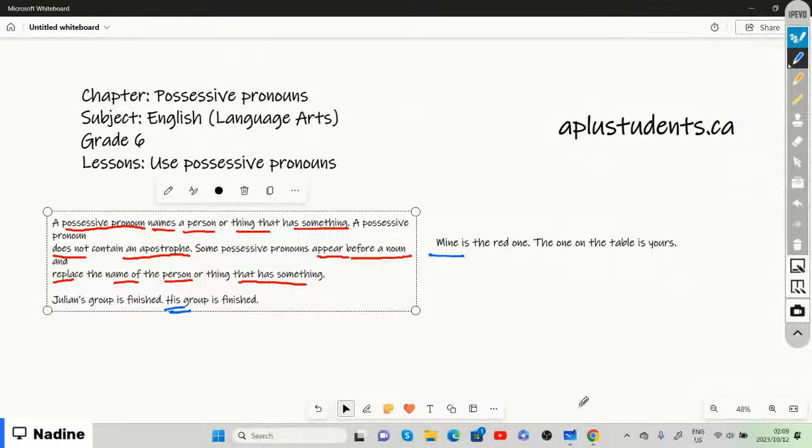Another example is: the one on the table is yours. Which means that yours is also a possessive pronoun.